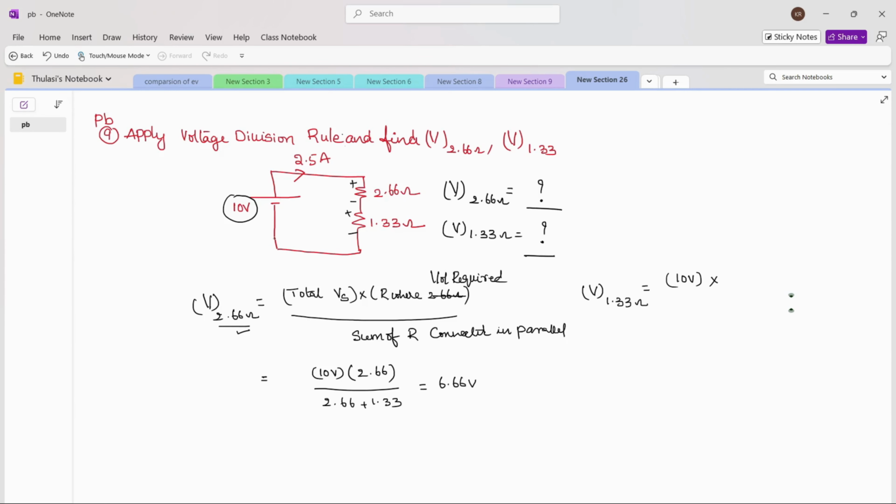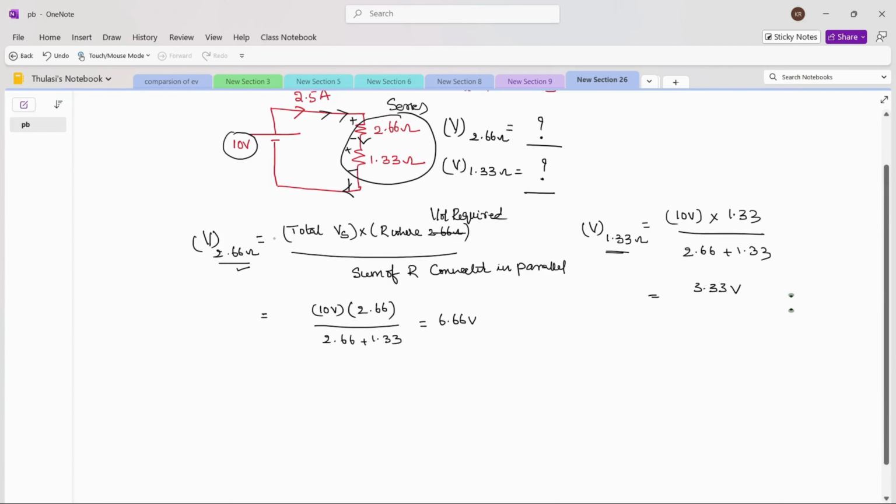What is the resistor value where the voltage is required? 1.33, divided by the sum of resistors which are connected in series. You can see here the current 2.5 flows like this and it flows like this. I can say these two resistors are connected in series. So that is nothing but 2.66 plus 1.33. You can solve it with a calculator and you are going to get 3.33 volts.